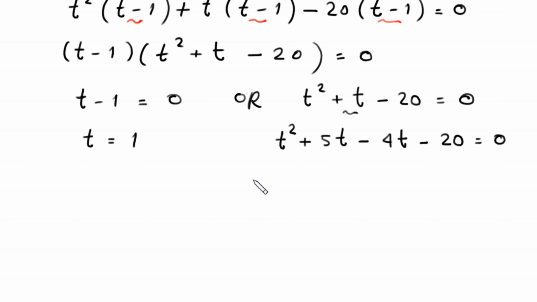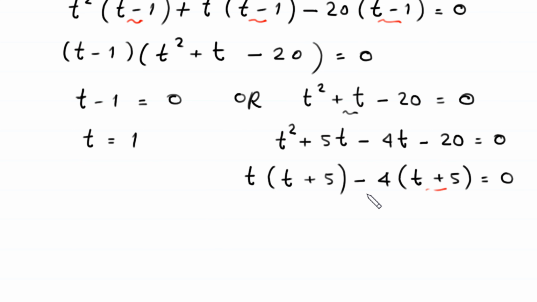From these two terms we can factor out t, in bracket t plus 5. From these two terms we can factor out negative 4, in bracket t plus 5 is equal to 0, and this t plus 5 is a common factor, so we factor out t plus 5, and in bracket t minus 4 is equal to 0.